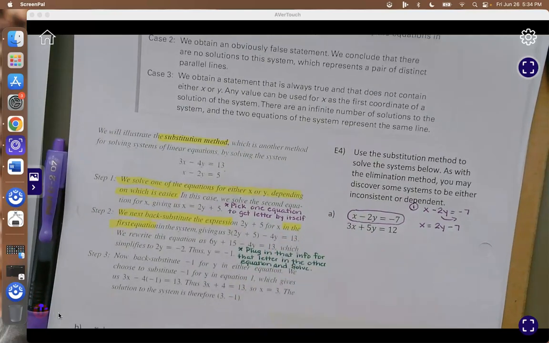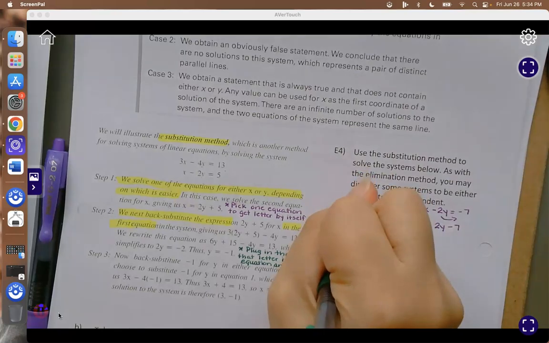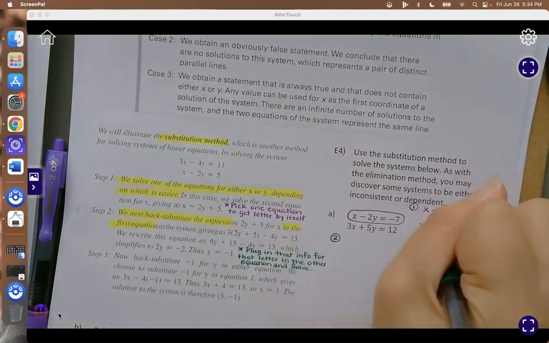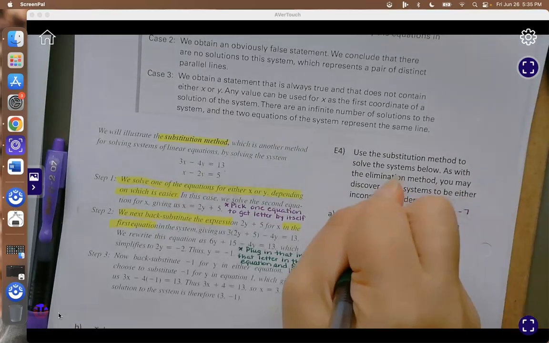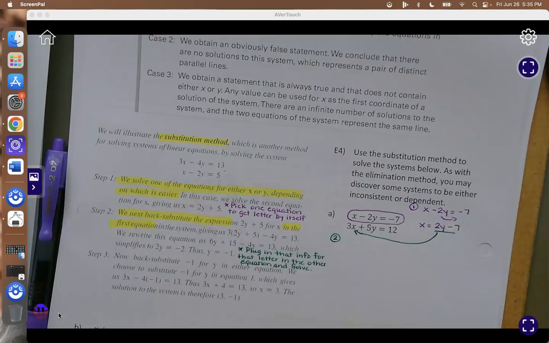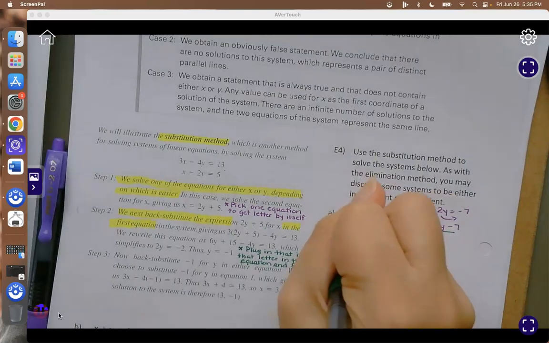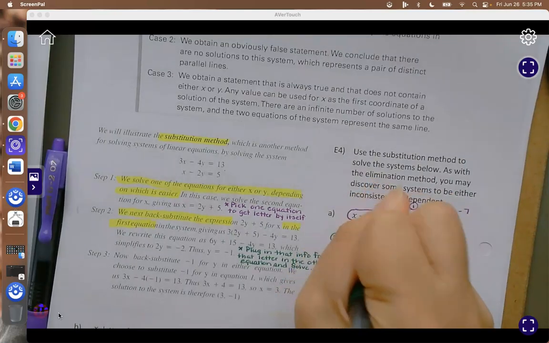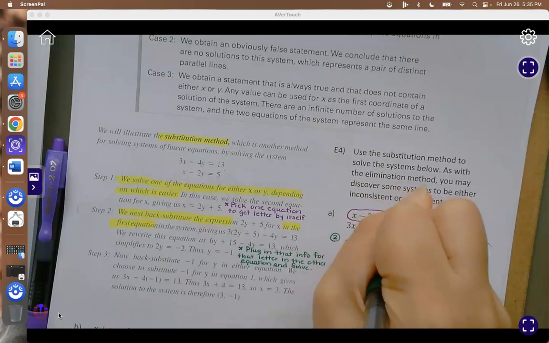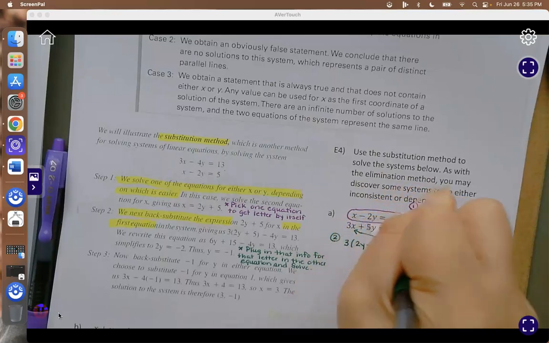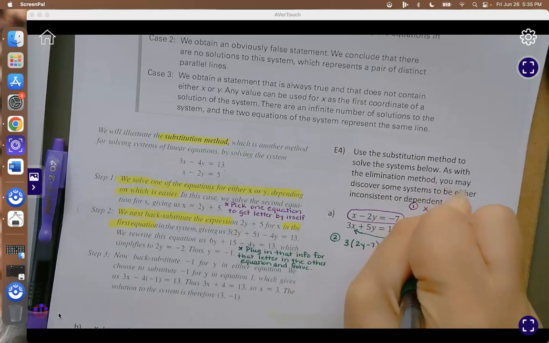So what that means is, step 2, we're going to take what this equals and plug it into the other equation for x, because it says x is this. So we're going to do 3 times 2y minus 7 plus 5y equals 12.